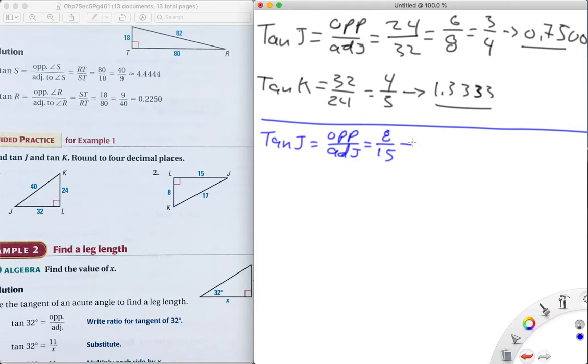And 8 divided by 15 is 0.5333, 4 decimal places. Tangent of K, opposite of K is 15. Tangent of K is 15 over 8, which is 1.875. If we do 4 decimal places, 0.